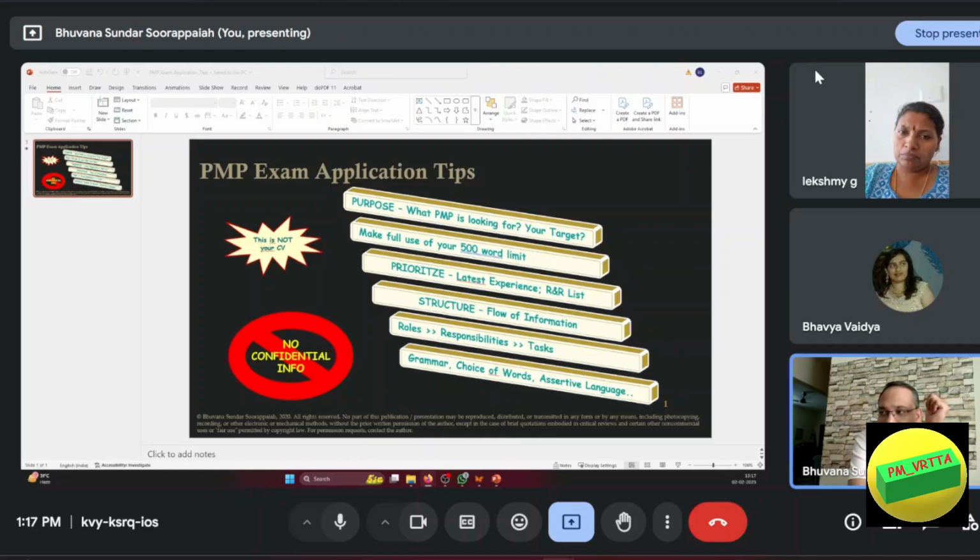That's one. That way you make sure your full 500 word limit is used, but also if they don't read your entire application, at least they've read the important ones, which are at the beginning. And always talk of the most recent, latest experience first.